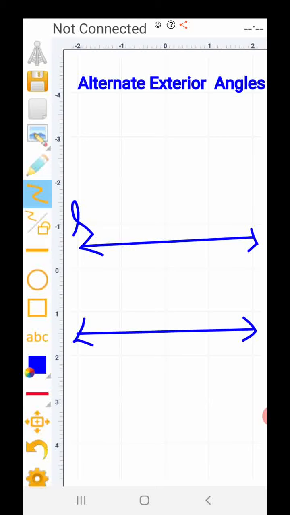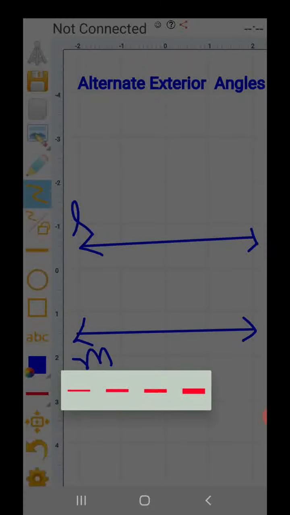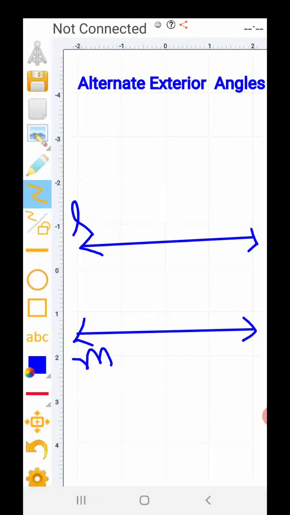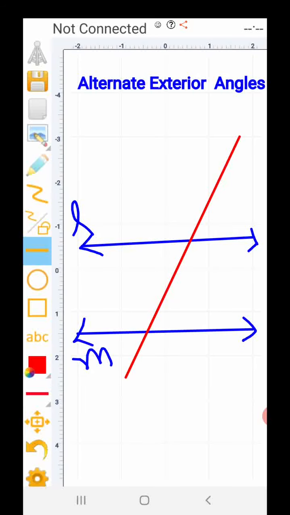Similarly, this is named L and another is M. Now draw another line, this one. Suppose this is named P.